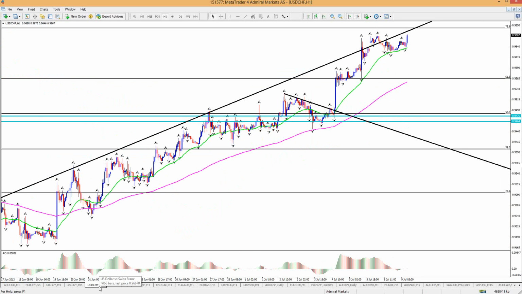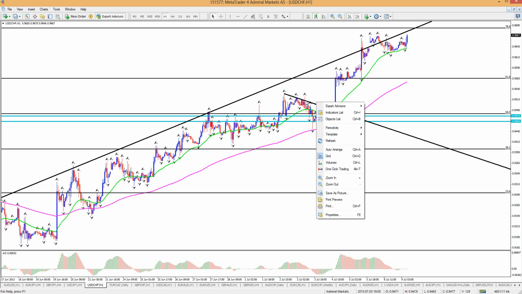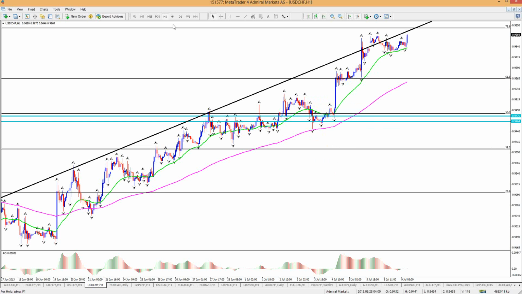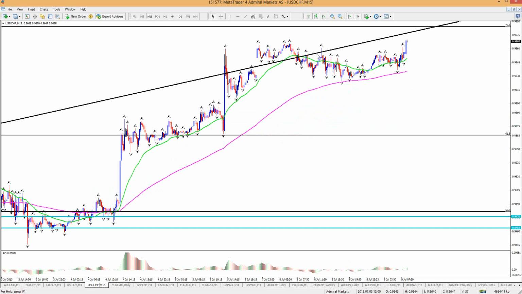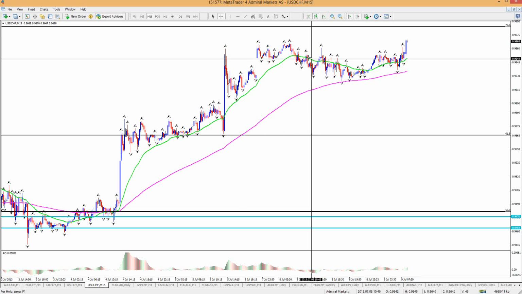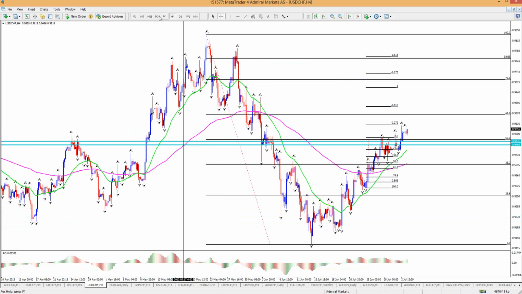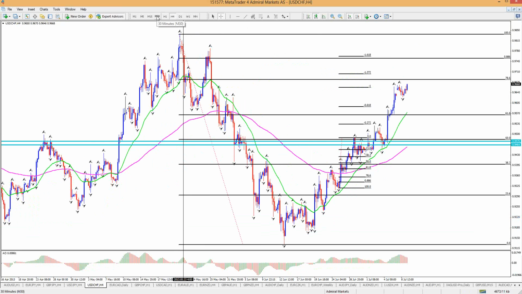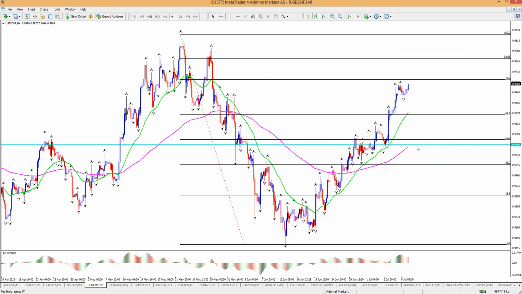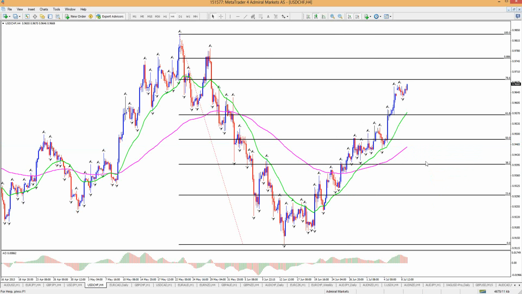Swissy. Swissy is already breaking to the upside, actually. Let me take a look at the 15-minute chart here. Let's see.